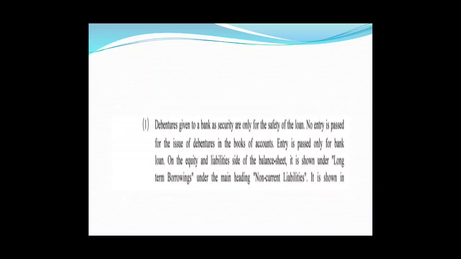On the equity and liabilities side of the balance sheet, the loan is shown under long term borrowing under the main heading of non current liability. So the loan which is taken is shown as a non current liability.